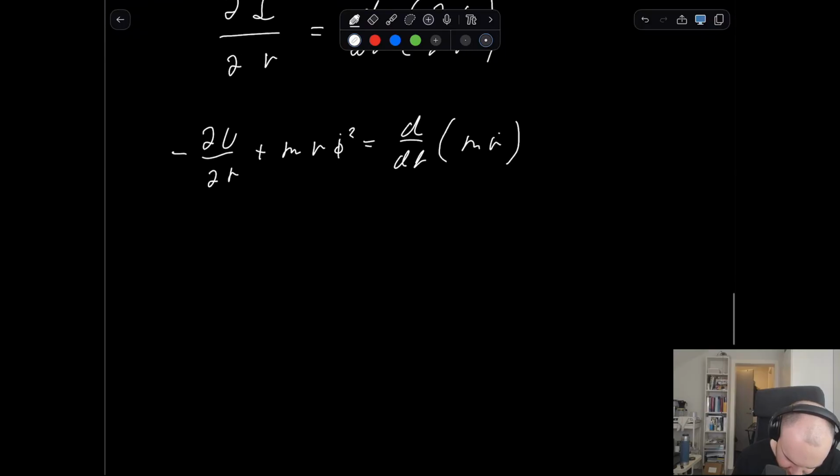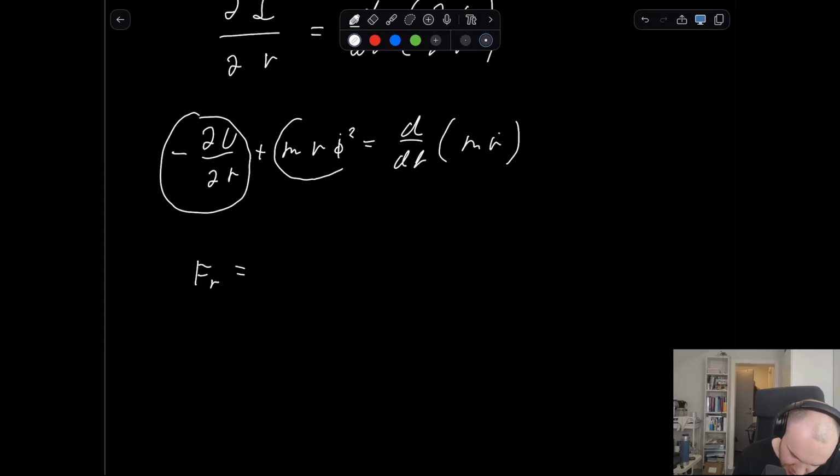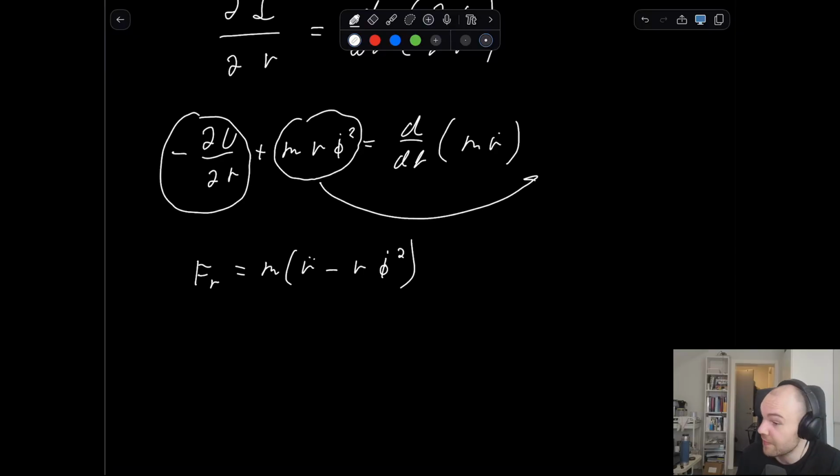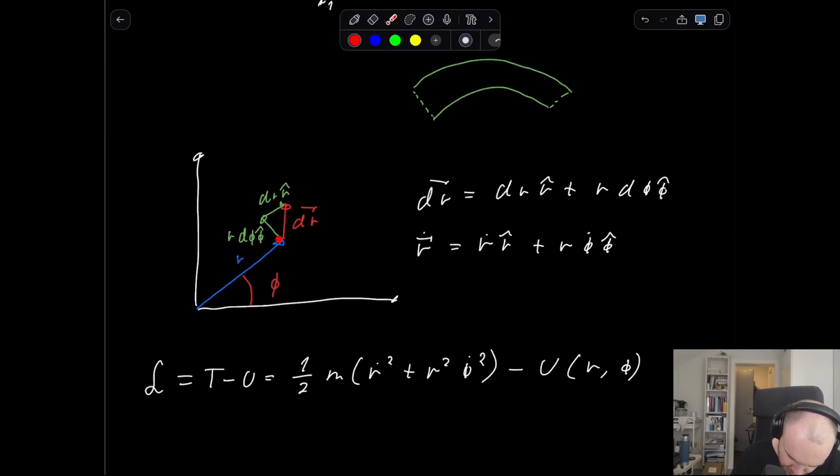And if I write this guy, remember the derivative of the potential is of course just the force in the r direction. You can move this term to the left side, and then I get m as a common factor: r double dot minus r phi dot squared. This makes sense because this is the force in the r direction and this is the non-centripetal acceleration. So what we modeled is the force here.